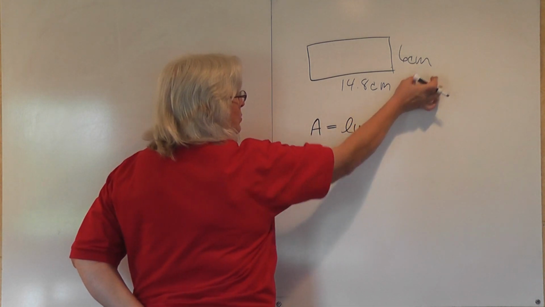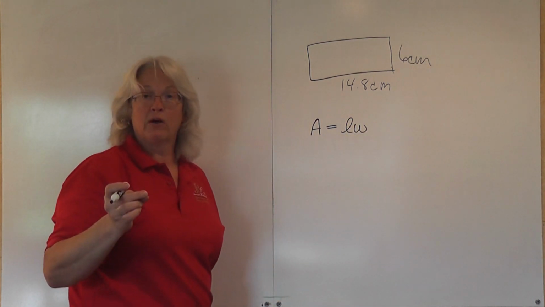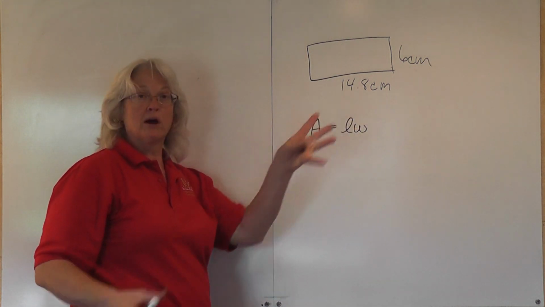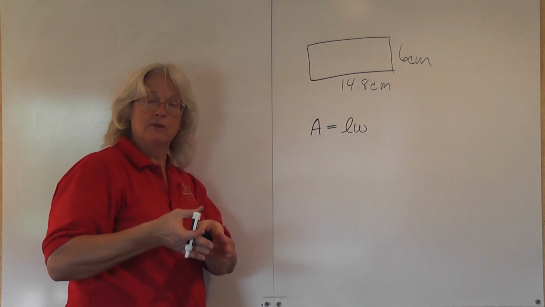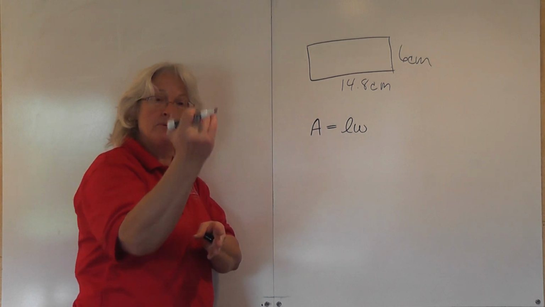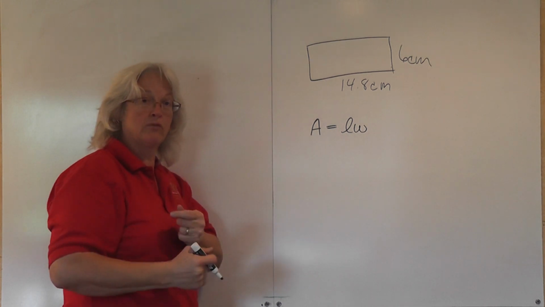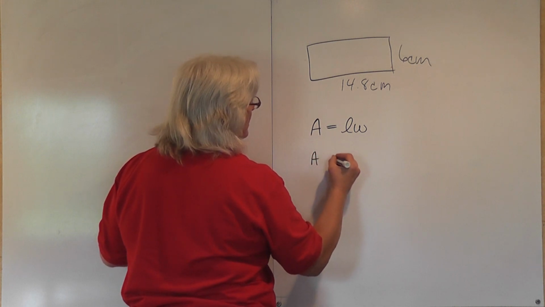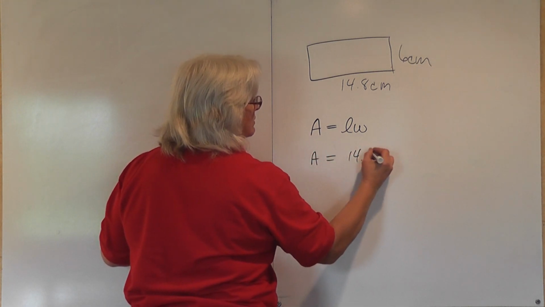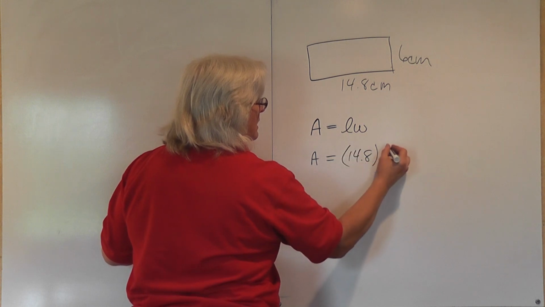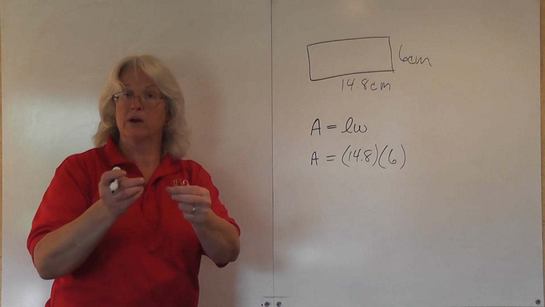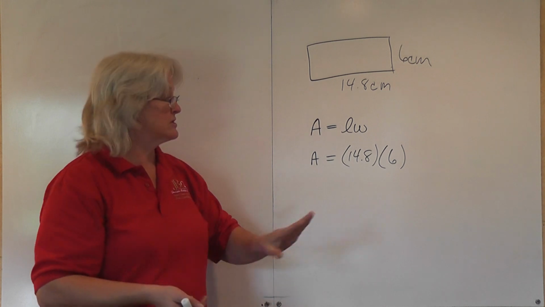And because we know that our units for area are always square units, I'm not going to make you write down the centimeters at this level of class. As you progress up in math and science, you'll need to be more careful with that. But for now, we just want to get to grasp the whole concept of area. So the length is 14.8, and the width is 6. Notice that I didn't put that raised dot in there. I didn't use a multiplication sign.